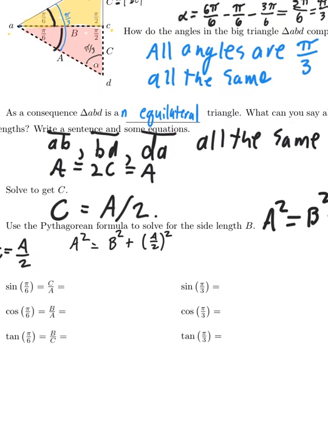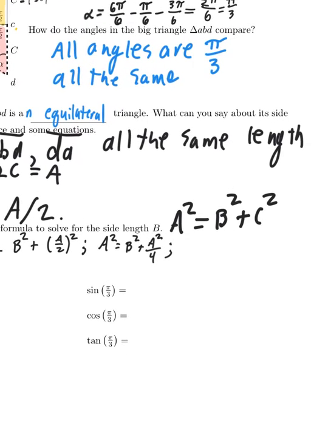I need to solve this for B, I guess? That would be handy anyway. So let's see, I'll rewrite that a little bit. That's A squared equals B squared plus A squared over 4. So let's see, I'll subtract A squared over 4 to the other side. That will leave me with 3A squared over 4 is equal to B squared.